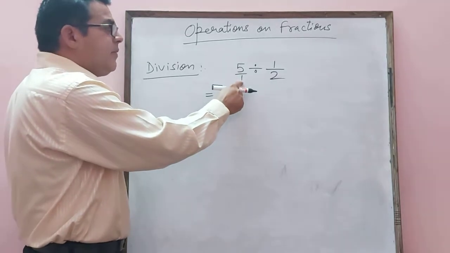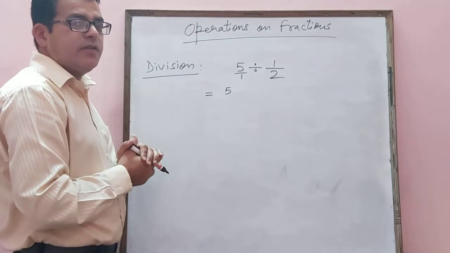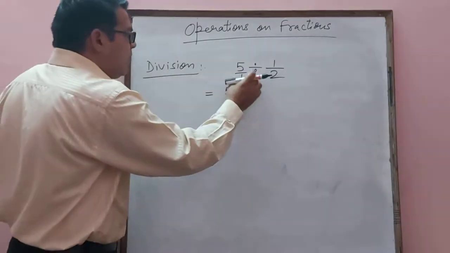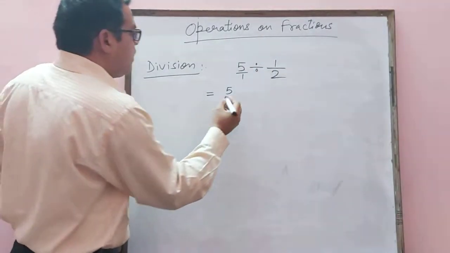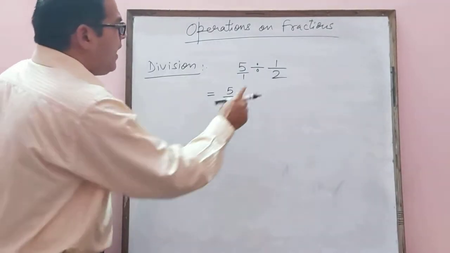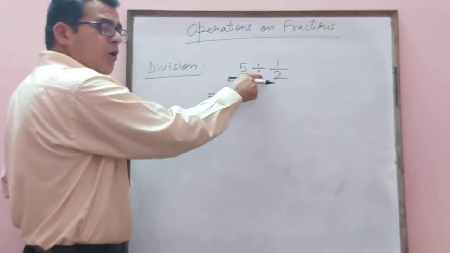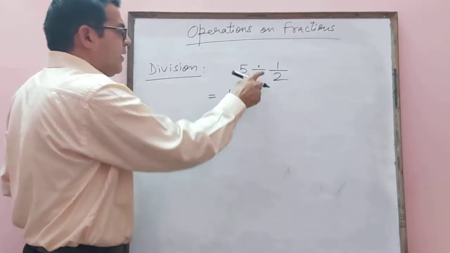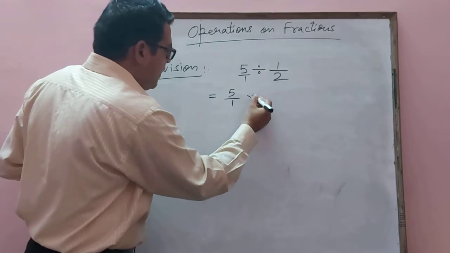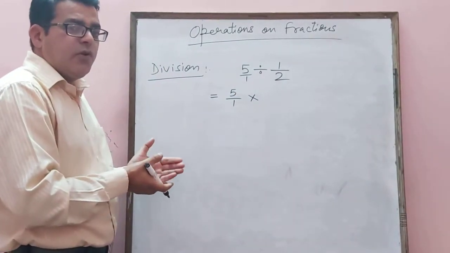This is the dividend, and this 1 by 2 is the divisor, right? So we are dividing 5 by 1 by 1 by 2. So write the dividend as it is, right? And this is the symbol of division. So in the place of division we can write multiplication. This is very interesting for you, right?